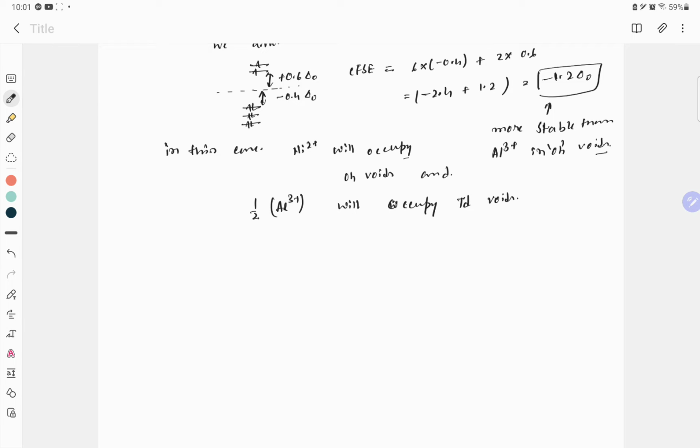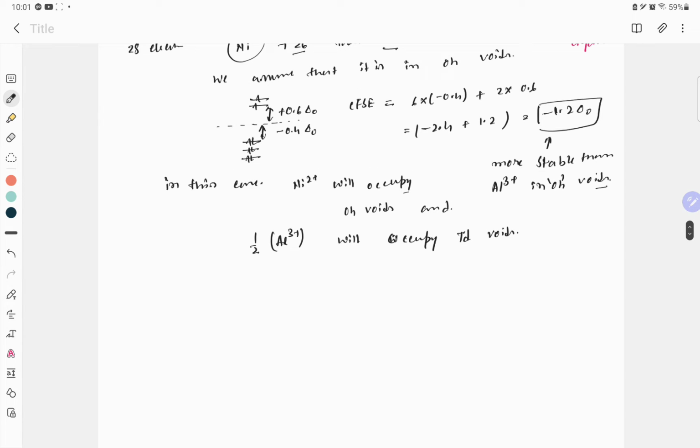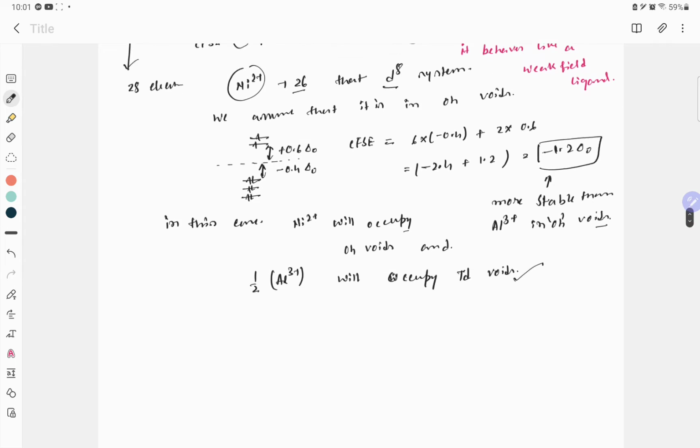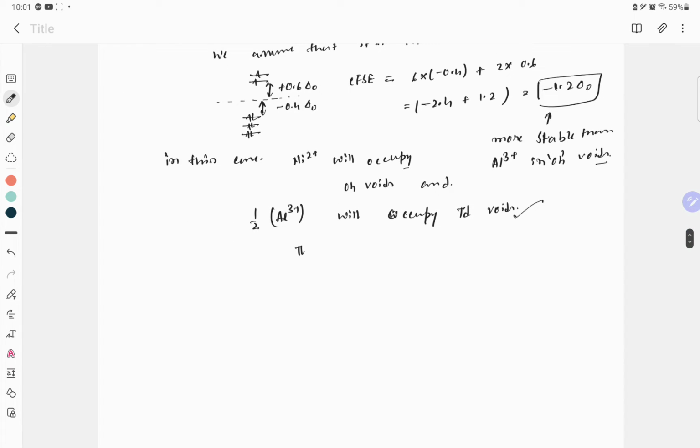Okay, and half will occupy the octahedral voids. So this is an inverse spinel.